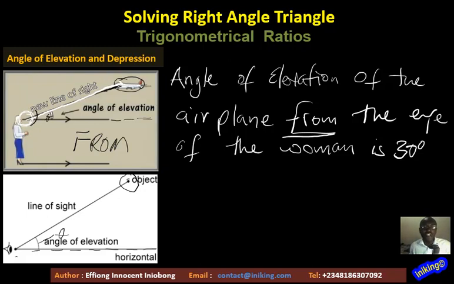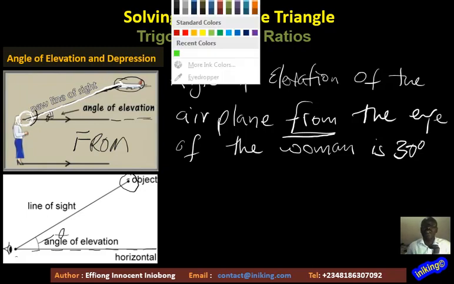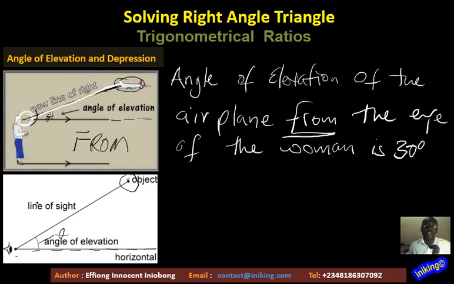Similarly, in the second case, the eye is our from. So we are taking our angle of elevation of this object from this point. So the angle of elevation of this object from the eye that we have there in the second image will be given as theta, or whatever it is.